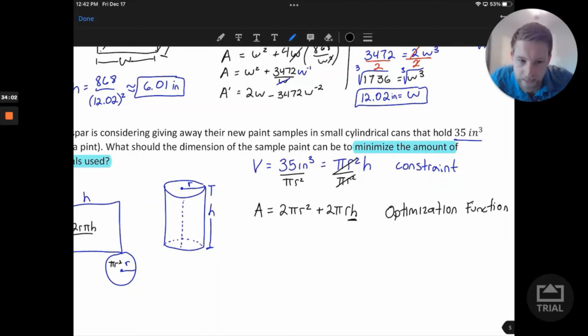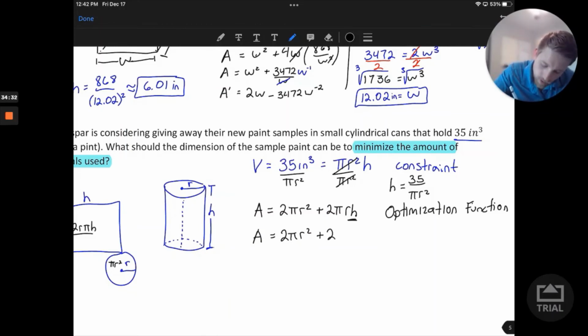I'll be left with the h, and h here is going to be equal to 35 divided by pi r squared. So let's use that to our advantage. We'll substitute the values that we need. We'll have 2 pi r squared, that remains, plus 2 pi times r, and then h we have as 35 divided by pi r squared.